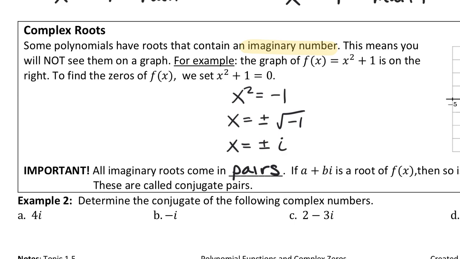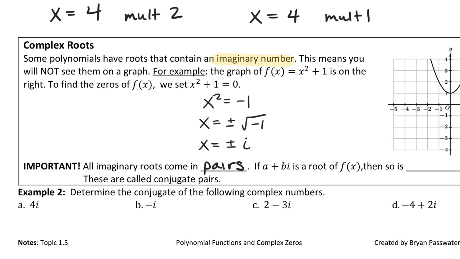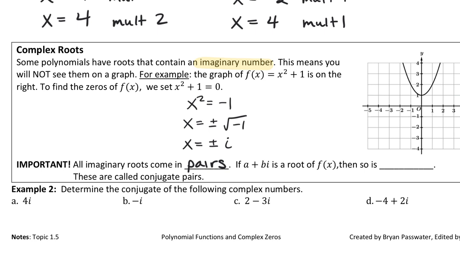In fact, these pairs, if a plus bi is a root of f of x, then so is a minus bi. We just changed the sign of the imaginary part. The a could be a number, the b could be a number. These are called conjugate pairs or complex conjugates. They will always come in pairs. So if you see one, you have to know the other one is there.